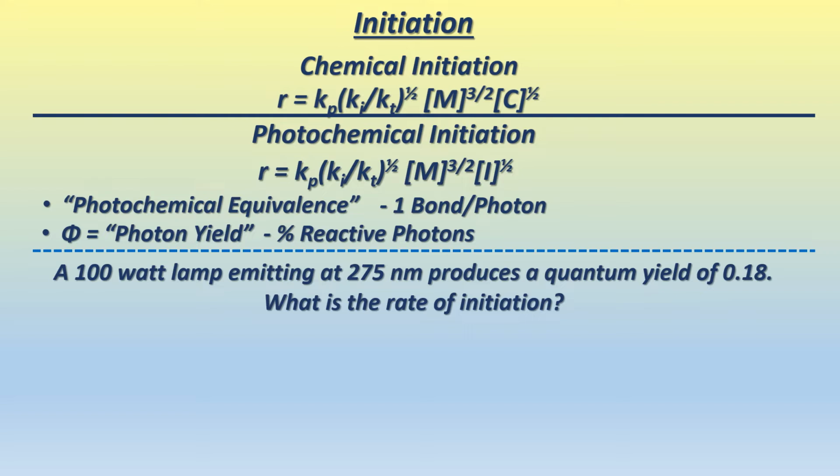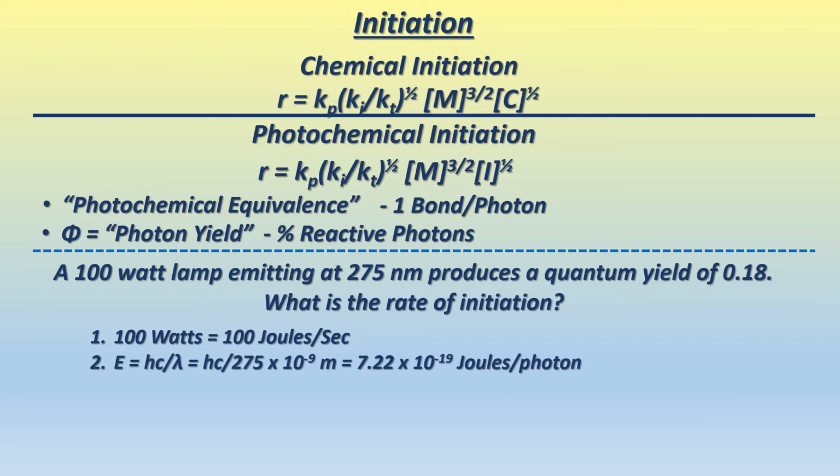To find the rate of initiation, there's several steps that have to do with the units. If I have a 100-watt lamp, that means I'm emitting 100 joules per second. For a photon at 275 nanometers, that produces 7.22 times 10 to the minus 19 joules for a single photon.